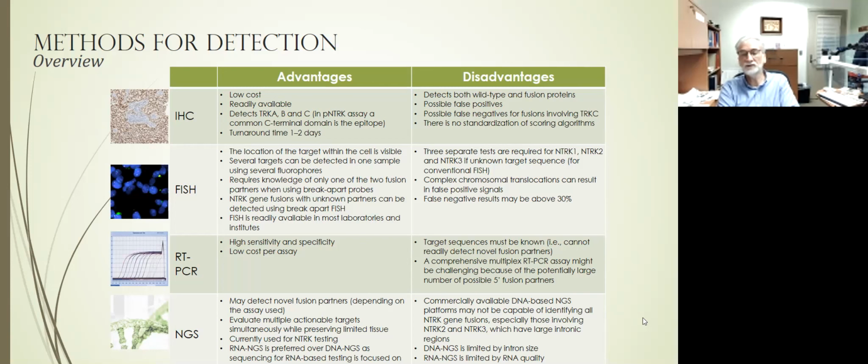In FISH, you have to know which 2 genes are in the fusion, or alternatively, you can just look for 2 probes within the same chromosome and see if they break apart in case of rearrangement. In RT-PCR, you're looking at the RNA, which is fairly sensitive and specific, but again, has the same problem. You have to know which genes are included in the fusion.